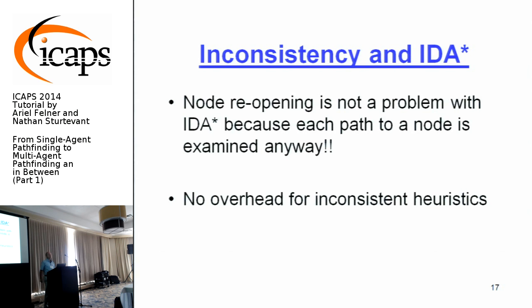Okay, with IDA star there is no problem of node reopening because IDA star doesn't do duplicate detection, at least not in an explicit way. Okay, maybe with symmetries and so on, but it is unrelated to what's going on. It's not like there is an open list where I see, oh, I was there, I was not there, and so on. So in a plain implementation of IDA star, every path to a node is examined anyway.